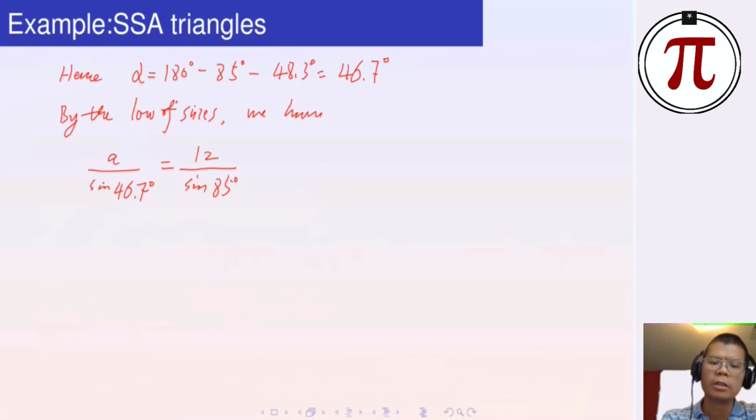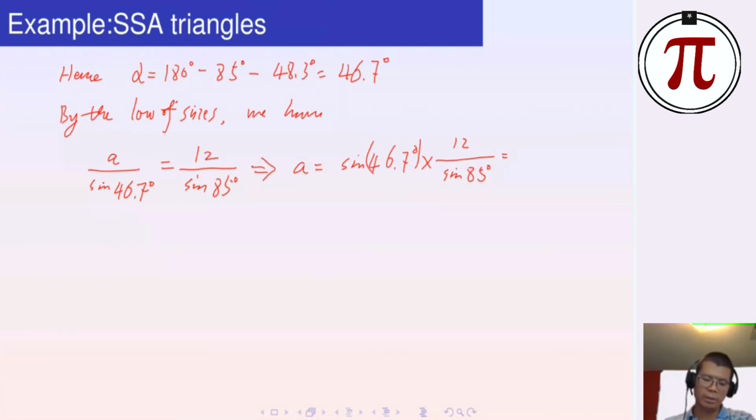So therefore A equals sine 46.7 degrees times 12 over sine 85 degrees. What did you get? 8.8.